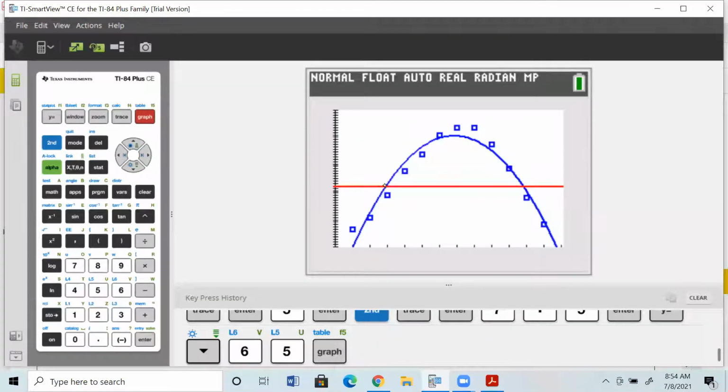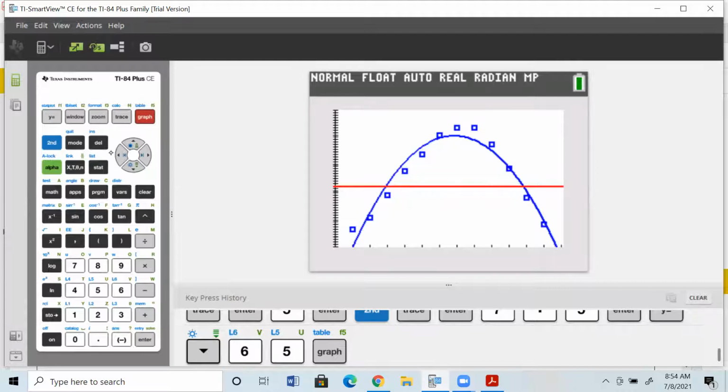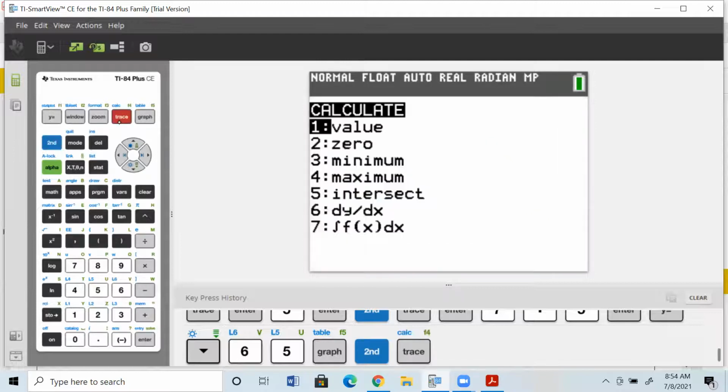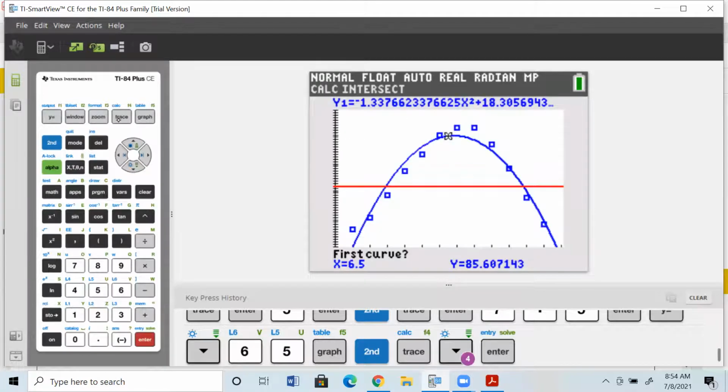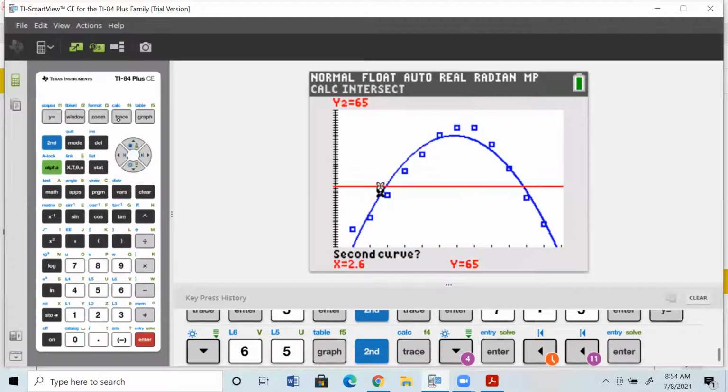If we look at our graph, there are 2 places here where the temperature is approximately 65. We can find each of these points by going second calc, number 5 for intersect. Go to the left, first curve, notice we're on the blue line, second curve, we're on the red line, guess.